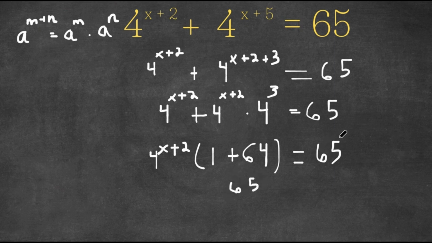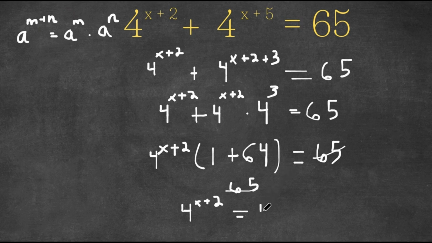So now if we divide by 65 on both sides, these two cancel out, and we would simply get 4 to the power of x plus 2 is equal to 65 divided by 65, which is 1. Now, 4 to the power of 0 equals 1, because anything to the power of 0 equals 1.